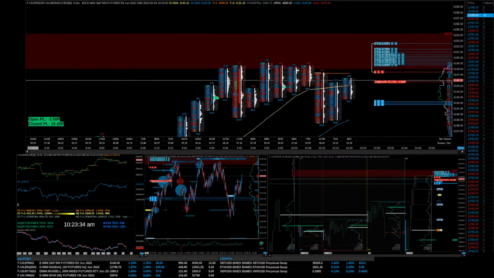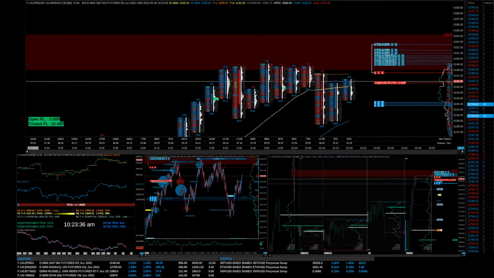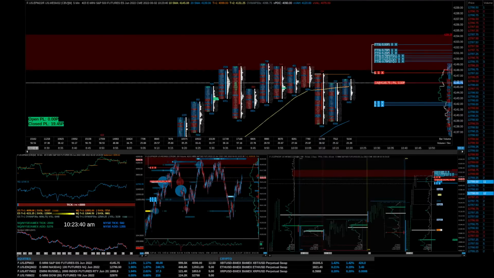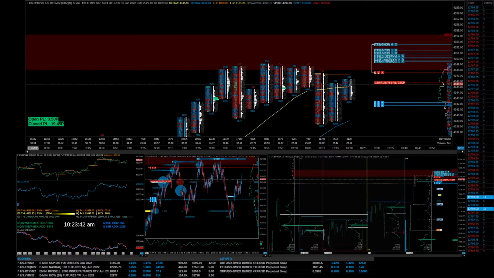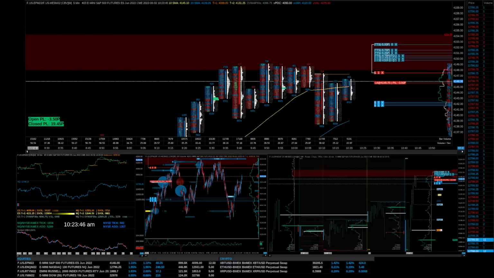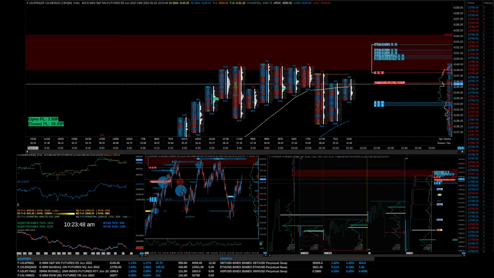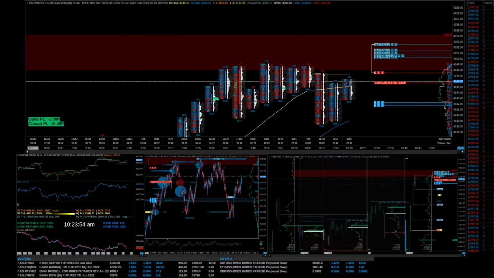I'm not liking that right here. At some point you want to be more short at a certain level. All these little stops up here on these micros, we're gonna play a position game up here.